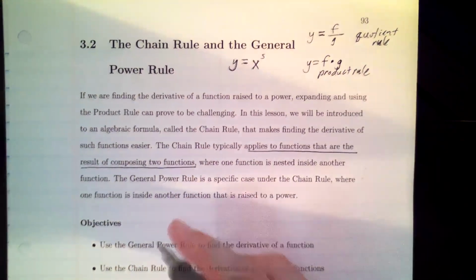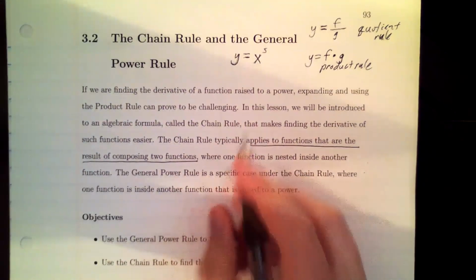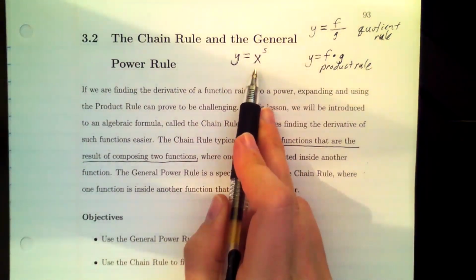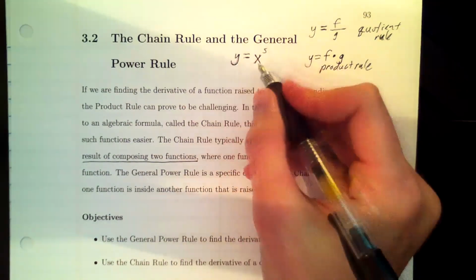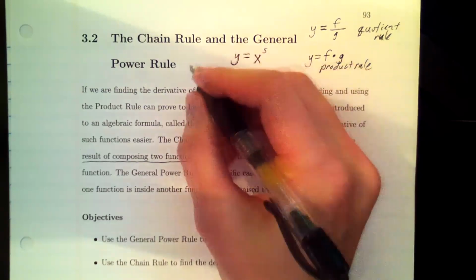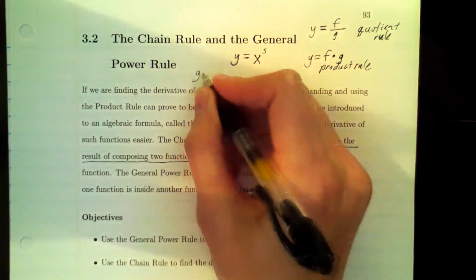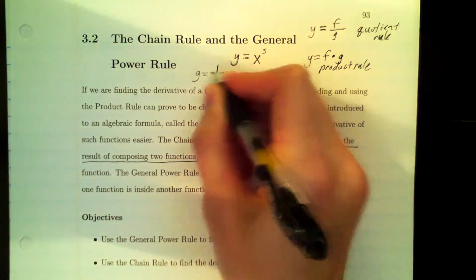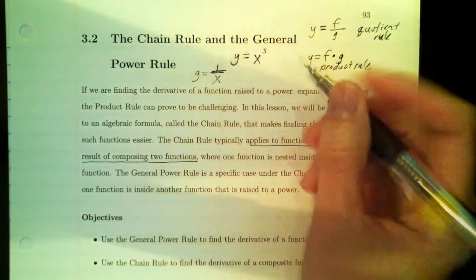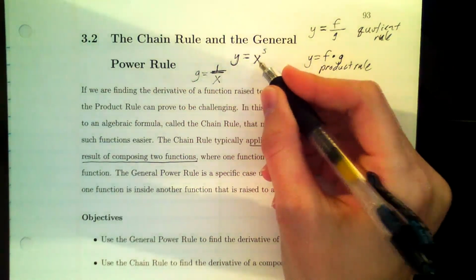So for example, a really quick visual example, if I take my y equals x to the fifth there, and I decide that I want to compose a function with that, say plug a function into x to the fifth, let's say that I had a second function g that is something like 1 over x. And I want to plug 1 over x into x to the fifth.